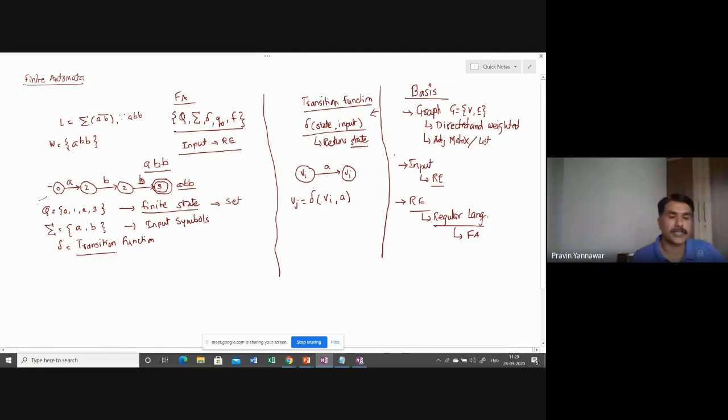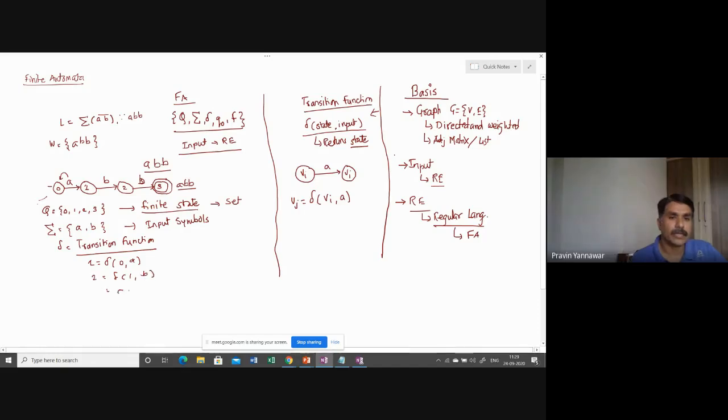This transition function is applied on every state. So let's work out, say for example, delta of 0 with input A applied on 0. So here delta 0 comma A, and what does this give me? This gives me 1. Okay, next delta 1 comma B, what does it give me? 2.